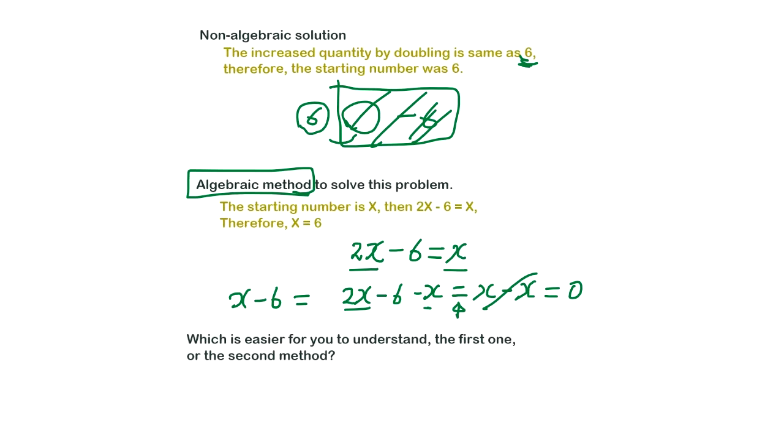Well, if you practice enough, you can just move x to this side and change the sign. So you can say 2x minus 6 minus x equals 0, because we moved the x to this side and changed the sign, remember? So the result is the same.